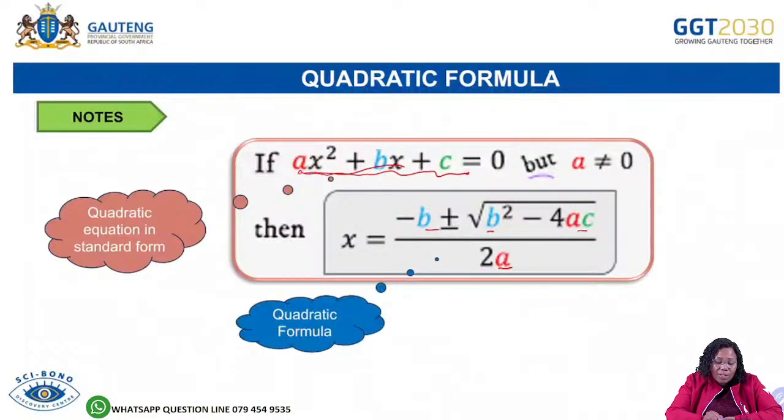So this one is a quadratic equation, this one is the quadratic formula, and a must not be equal to 0, because if a becomes 0, this is no more a quadratic equation. If a becomes 0, the quadratic formula will be undefined because division by 0 is not allowed. Okay.